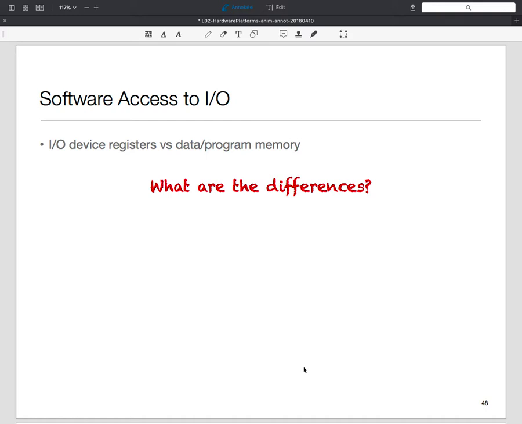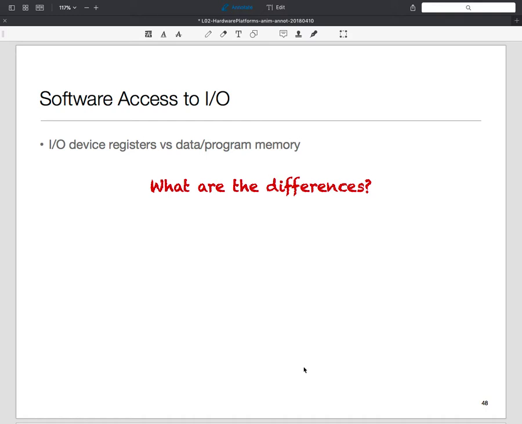So we can't deal with these things in the same manner. Then there are also implications about certain peripherals. If I have to share one with some other application, I may have bad things happening. I may change some value and then the other application comes and changes the value, resulting in all sorts of nasty things. So we need to make sure the operation of the device is protected.